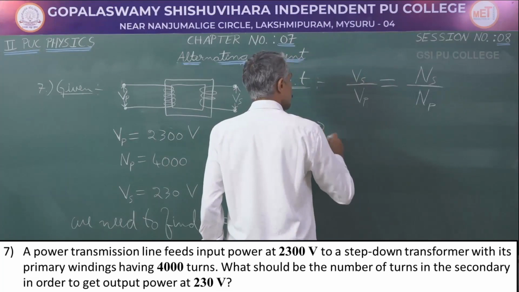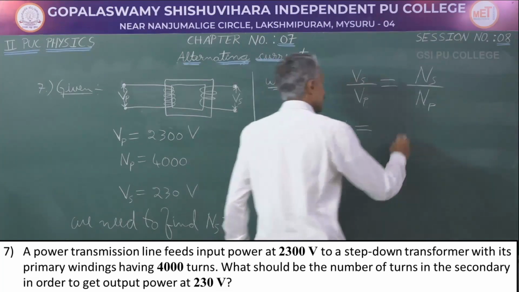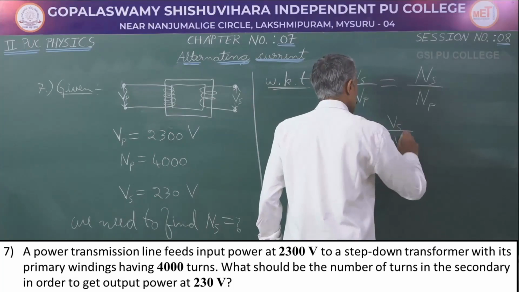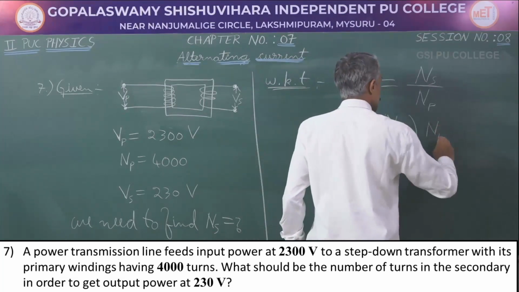So, on rearranging, we will get the number of turns in the secondary as equal to Vs by Vp into Np.